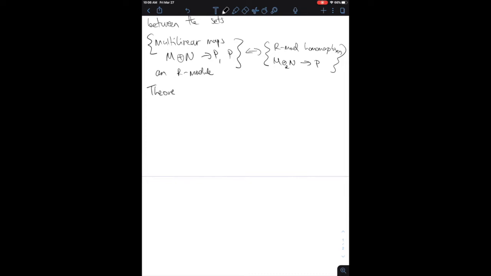Okay, so here's the theorem telling us that tensor products actually exist.